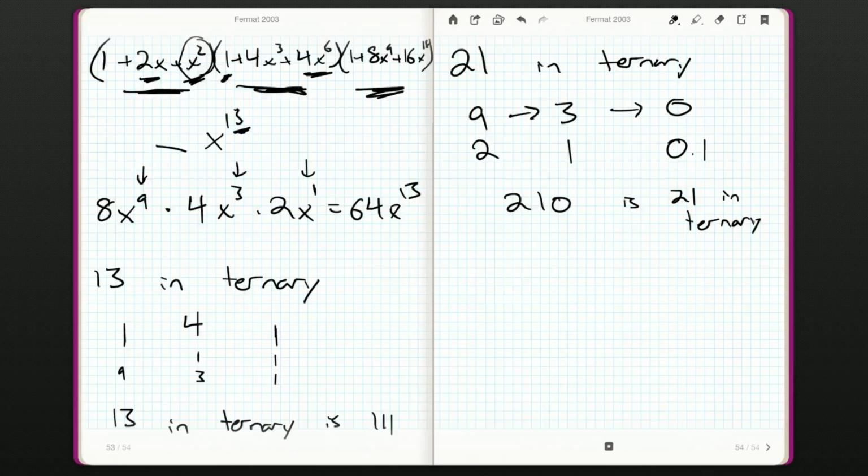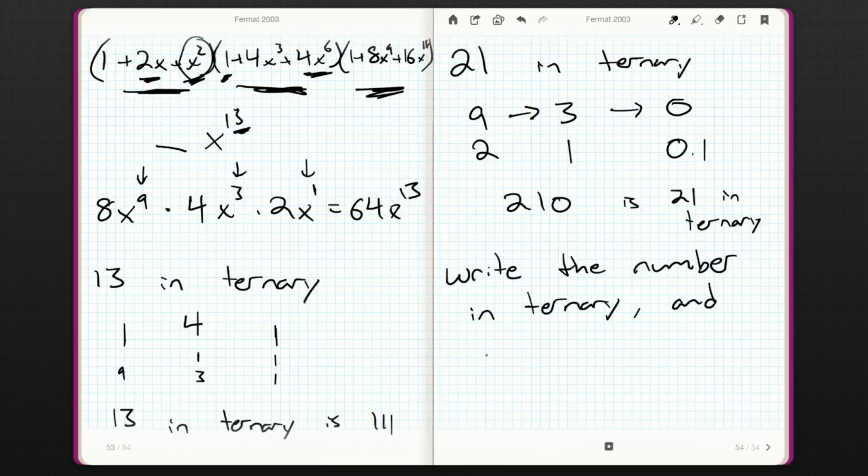So what have we got here now? So I think we write the number in ternary. And there should only be one way to do this, because each of these gives us one of the ternary expressions.